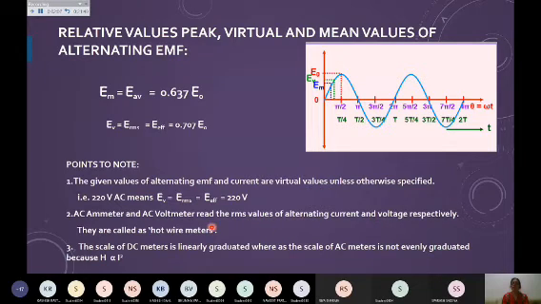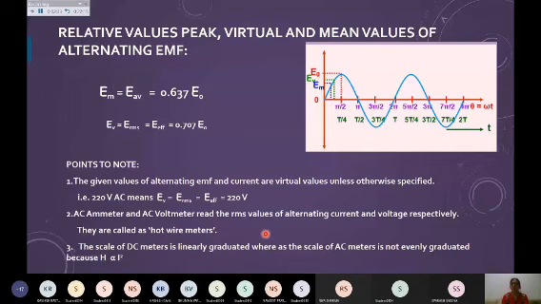They are also termed as hot wire meters, because these ammeters or voltmeters work on the basis of the heating effect of the current. Like the DC ammeters and DC voltmeters you have already used in the lab for proving Ohm's law, even in the Wheatstone bridge, all the times we are using DC meters, because we are using a battery eliminator as the DC source.